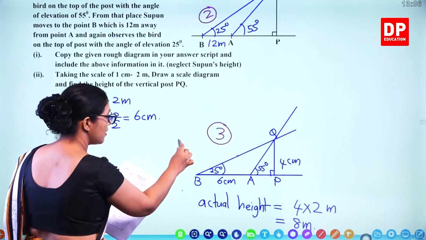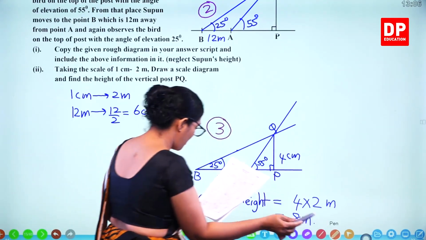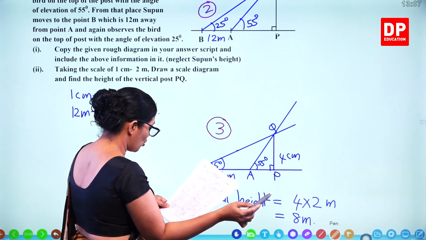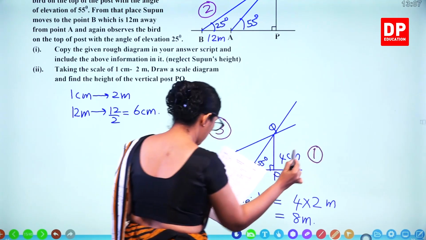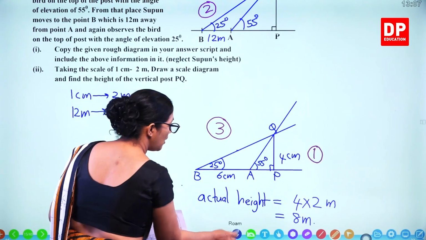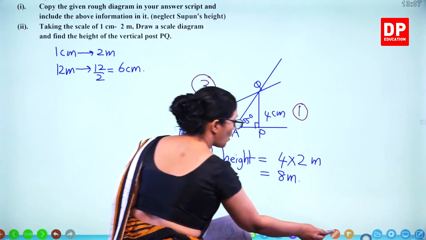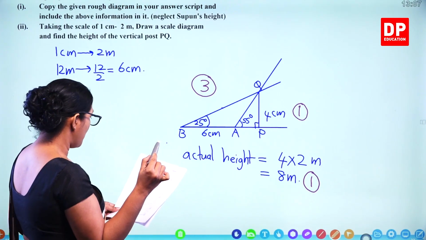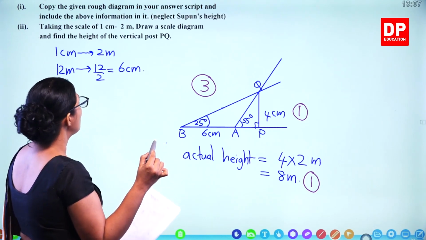And then to get the measurement, scale measurement 1 mark, that's 4 centimeters, and then convert to the actual one, that's 1 mark. See how many marks? 1, 2, 3, 4, 5.